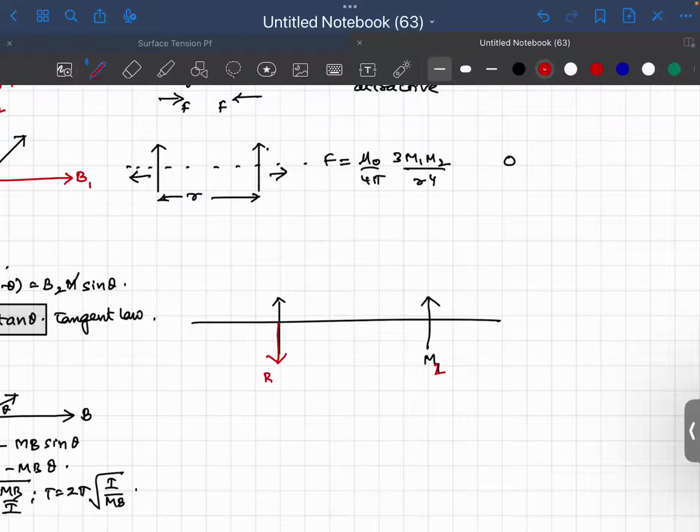Let this be B2. Due to M1, the field at this point is in which direction? Always opposite to the dipole. That's all. So torque is 0. Anti-parallel condition.